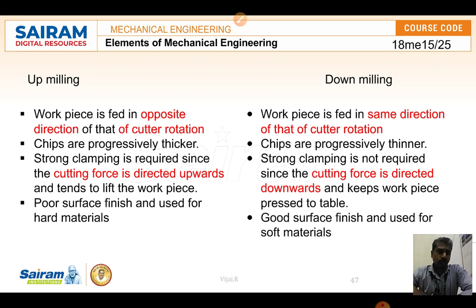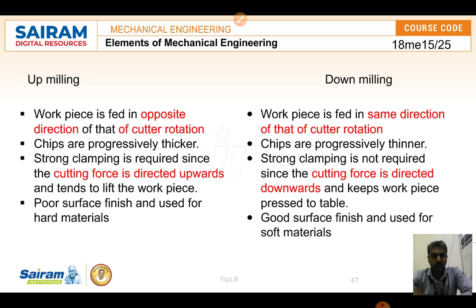One important thing we commonly have to notice is the clamping force. The workpiece is held in the vise and moves opposite to the top of the cutter, so a heavy force is required for holding the workpiece, otherwise the workpiece will be pulled out. So the clamping force will be more compared to down milling.